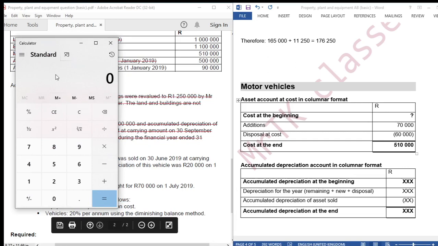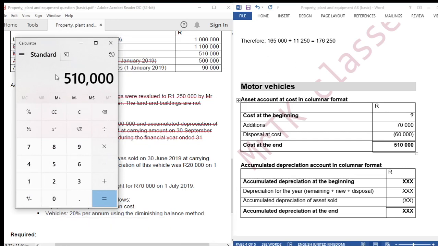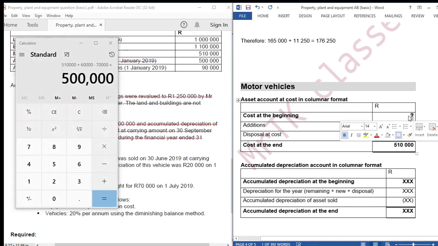We are doing bottom up. 510,000 plus 60,000 subtract 70,000. You should always remember that we change the signs because we are opposing the direction. That is equal to 500,000.